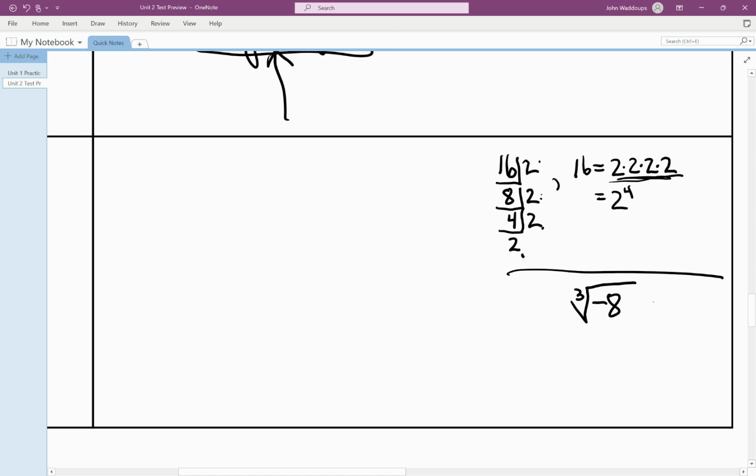And here the answer is negative 2. Because negative 2 times negative 2 times negative 2: negative 2 times a negative 2 is a positive 4, times that other negative 2, and 4 times negative 2 is negative 8. So if you have an odd number of negatives, then you can get a negative result, which is why if you have an odd index and a negative under, that's not going to give you the imaginary number i. It's just going to be negative.